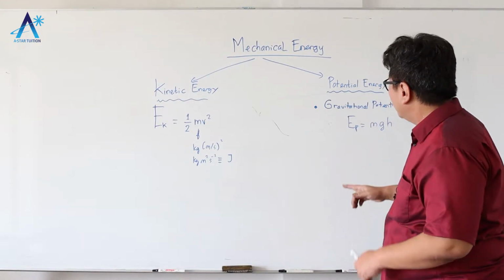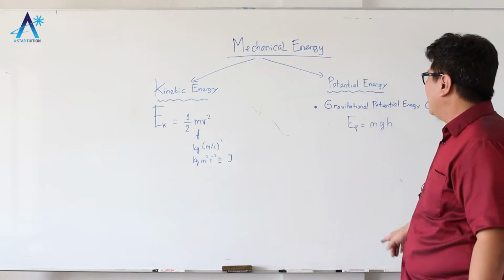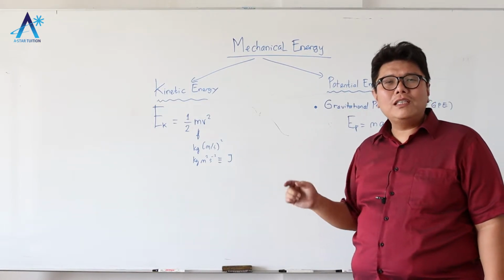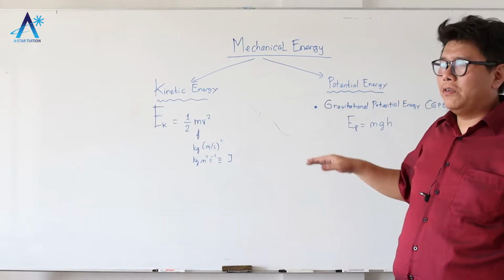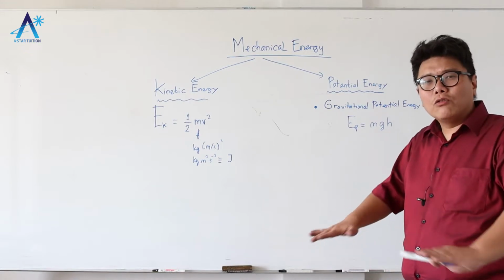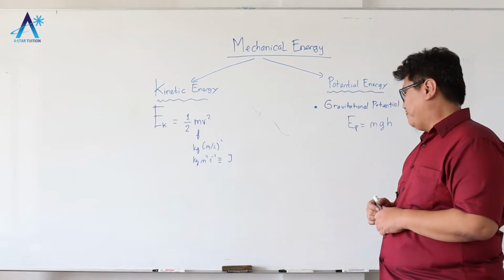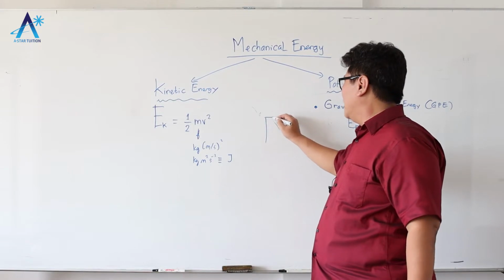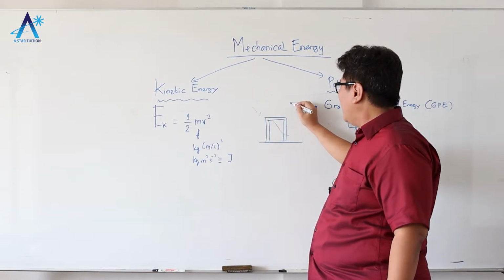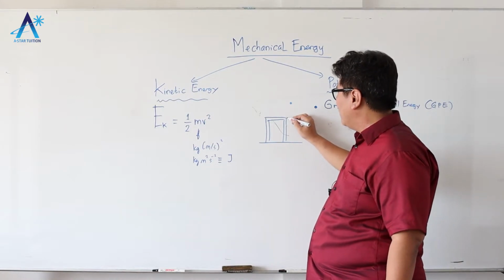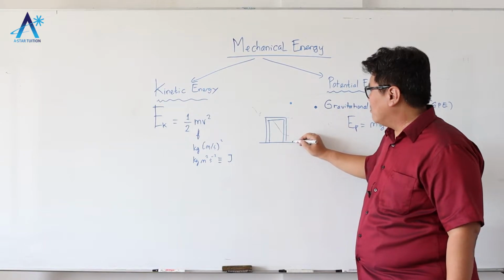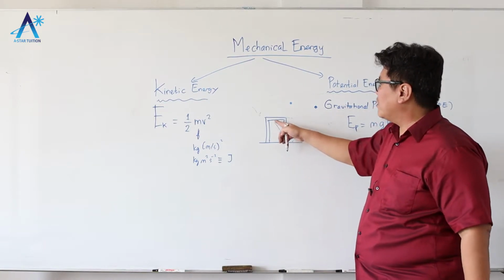Now, please understand that unlike kinetic energy, gravitational potential energy is not an absolute quantity. It's a quantity that is relative to a reference point. The reference point that we usually use is the ground. So, for instance, the GPE would be different if you define the zero point or the reference point as, let's say, the ground or maybe the surface of a table.